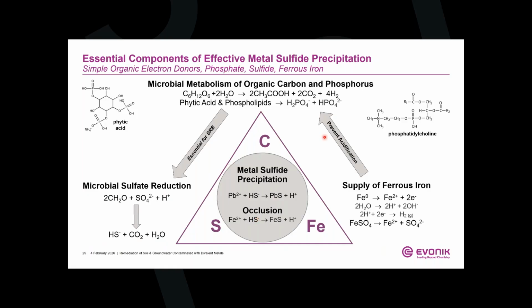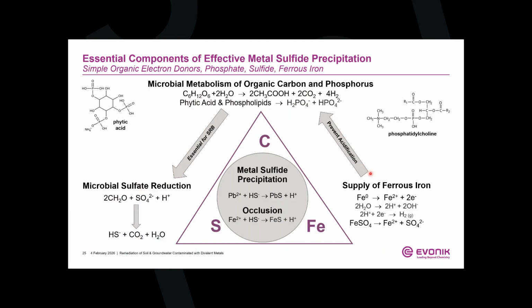And we accomplish that by having a long-lasting carbon substrate up here at the top, that through its fermentation, whether that's the phytic acids in the processed plant fiber or the phospholipids in the lecithin, these get simplified. They provide a good carbon substrate for the sulfate reducing bacteria.